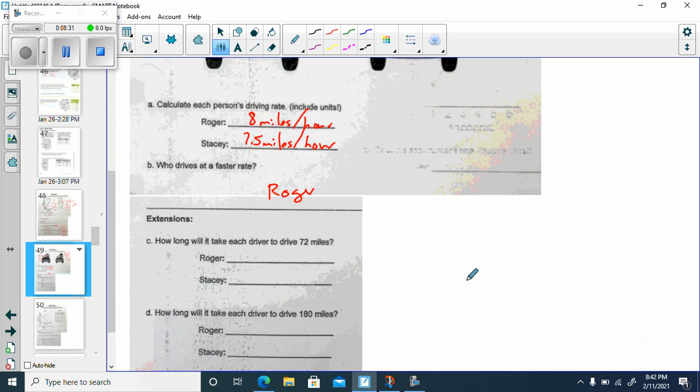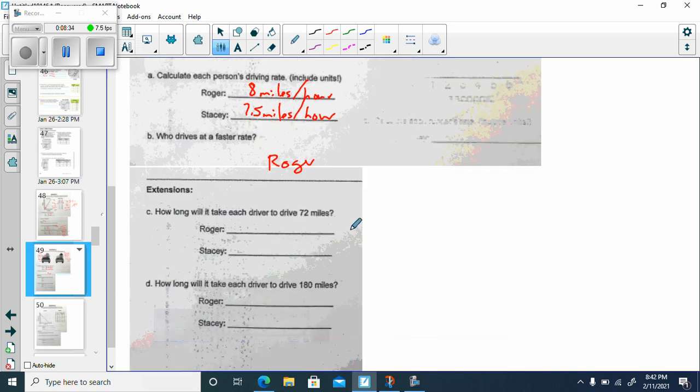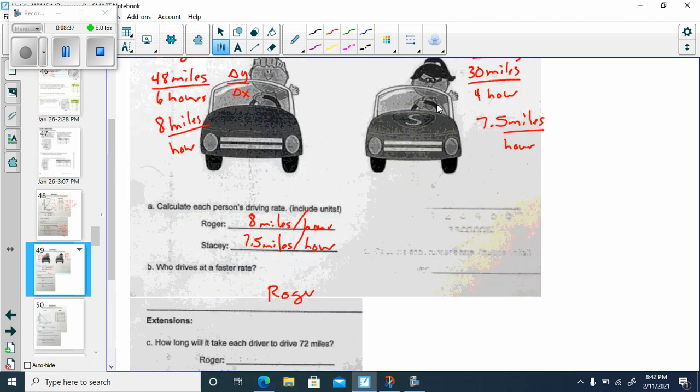Your X is your hours. So 72 miles, let's write our equations here. Here we would have y is equal to 8x plus b. B is 0 because he doesn't start with any miles. This is y is equal to 7.5x.